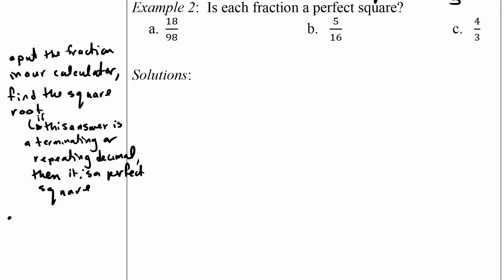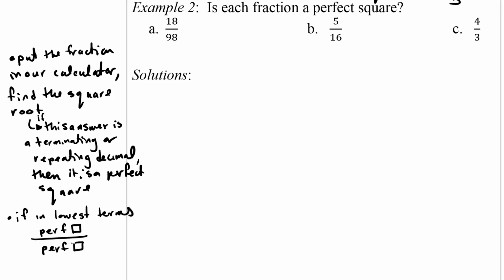Another way is if in lowest terms you have a perfect square over a perfect square.